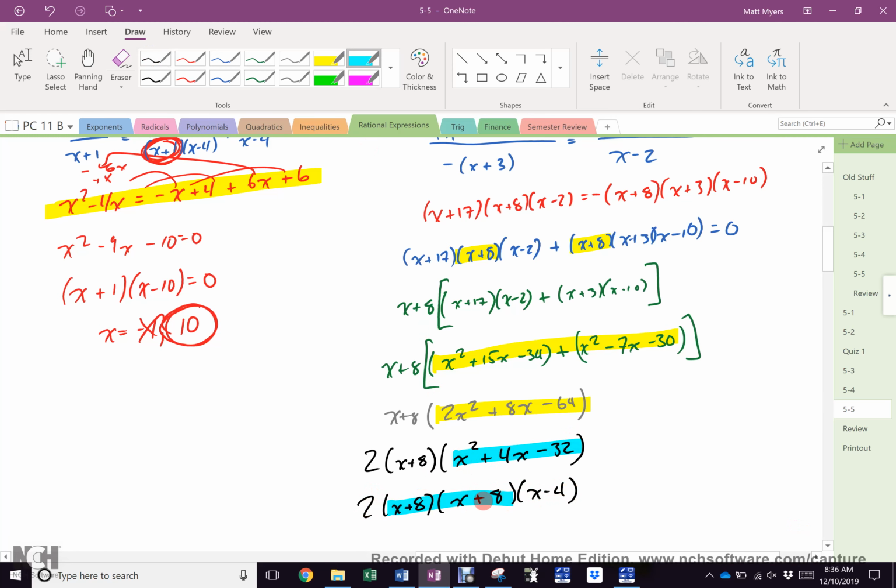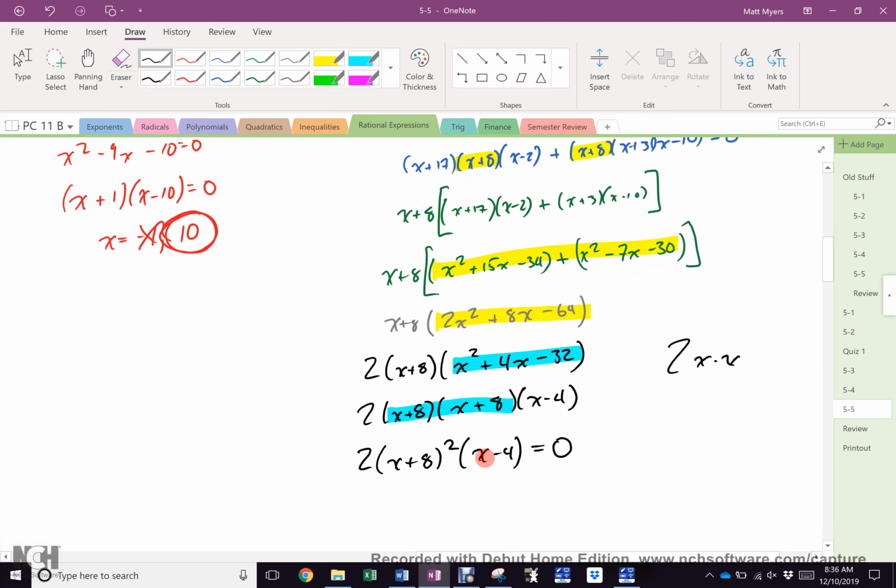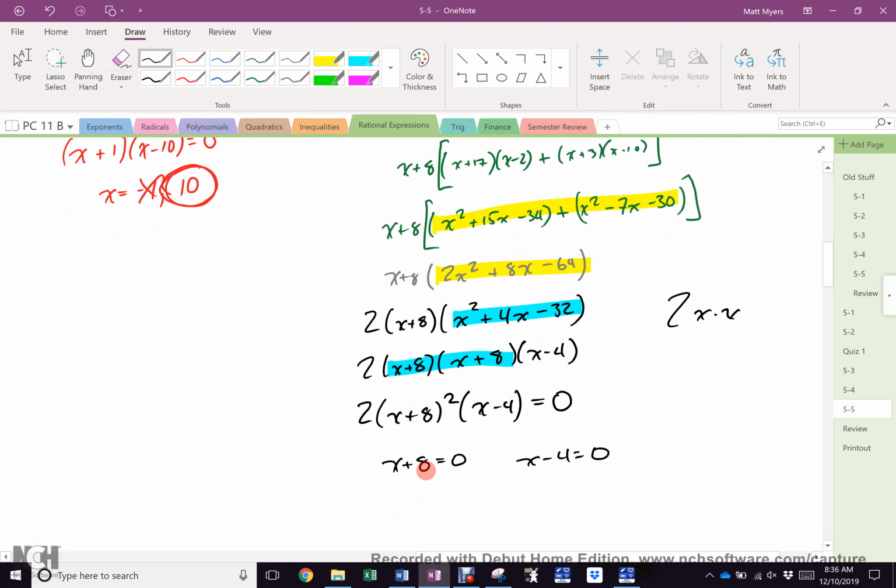What do you see right there? They're the same. So if it was 2x times x, what would we write? Okay, so x plus 8 squared, x minus 4 would equal 0, yes? Now, x plus 8 would have to equal 0, or x minus 4 would have to equal 0. So what is x? Negative 8, 4.